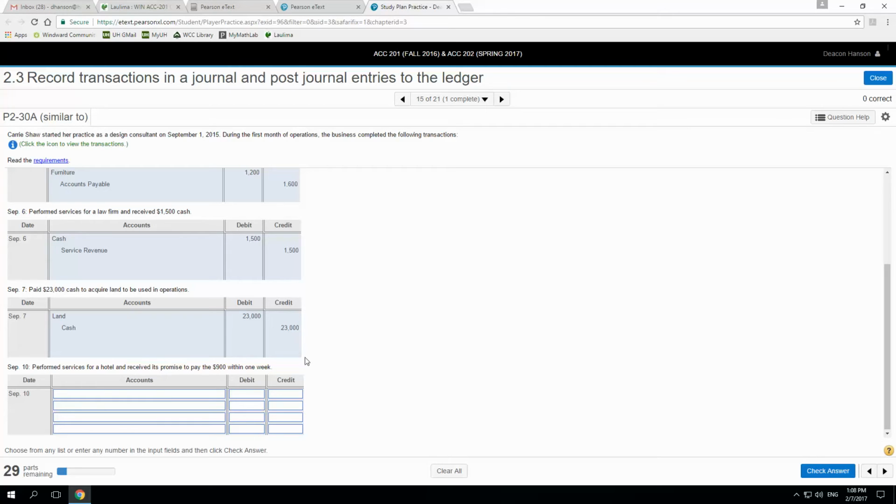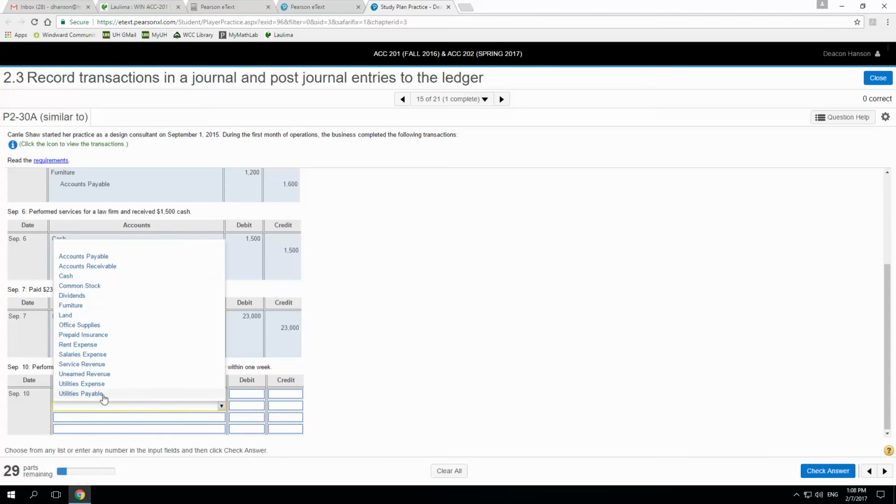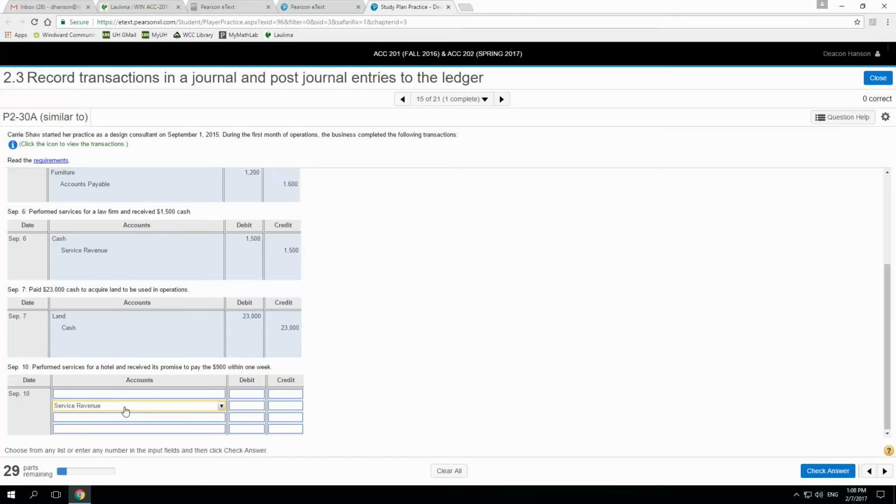Okay, now we perform services for a hotel and received its promise to pay the 900 within a week. Okay, so I'm going to do the credit first. Because we perform the services, service revenue increases, okay, by 900. Now, this promise to pay, that means that they didn't pay, right?